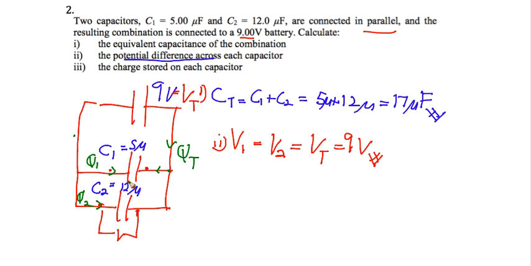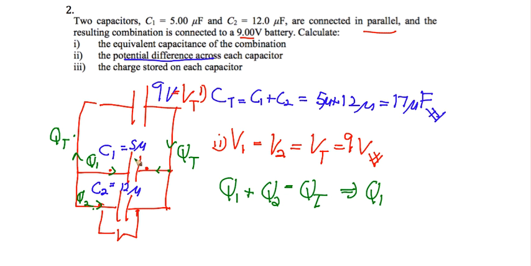So Q1 plus Q2 is equal to Q total, and back to the battery.